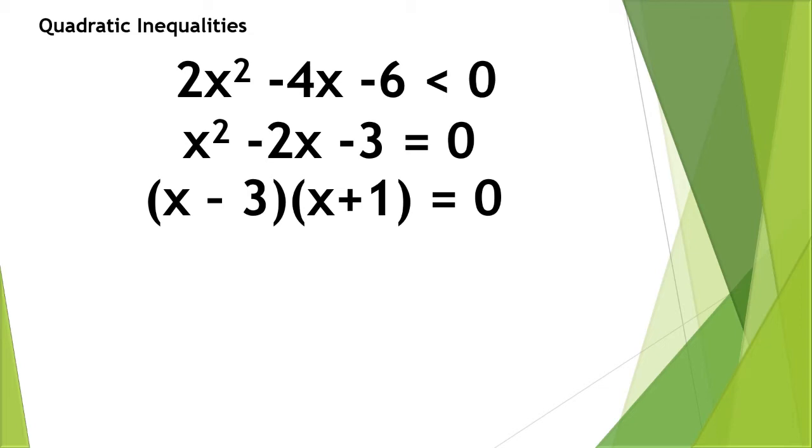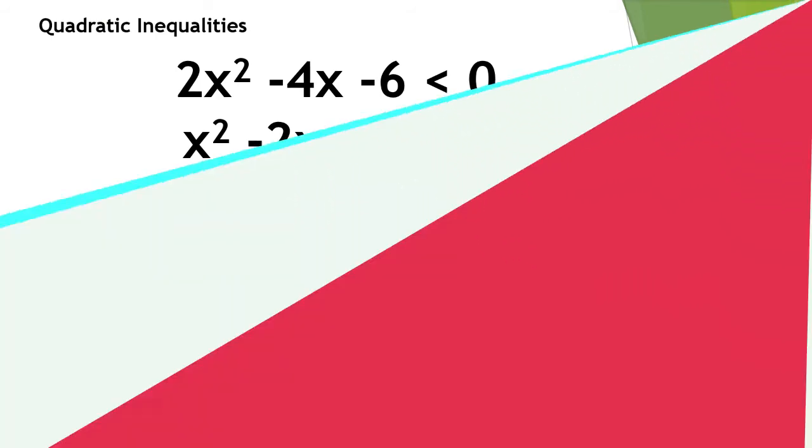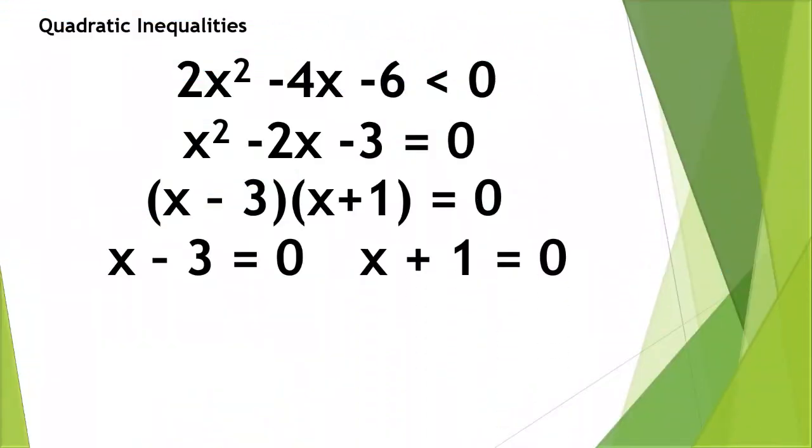Then apply the zero factor theorem, so it becomes x minus 3 equals 0 and x plus 1 equals 0. Since these are linear equations, x minus 3 equals 0 becomes 3 and x plus 1 equals 0 becomes negative 1. 3 and negative 1 are what we call the critical points of the inequality 2x squared minus 4x minus 6 less than 0.